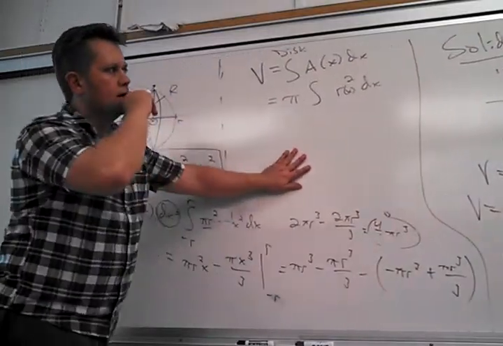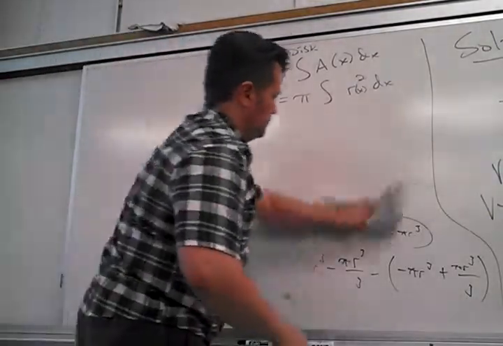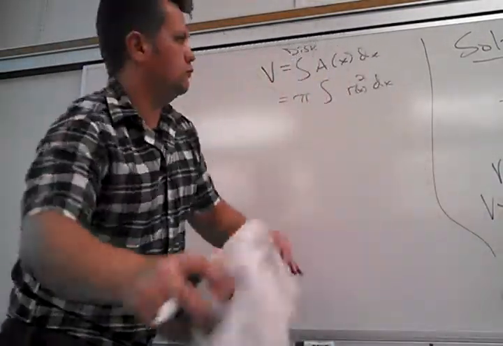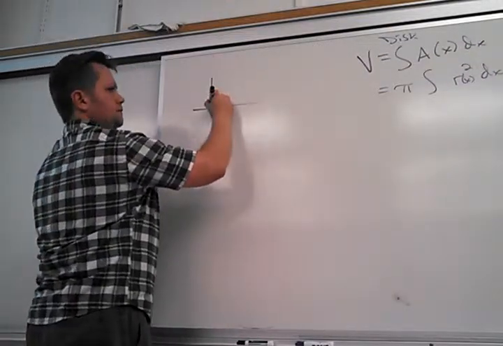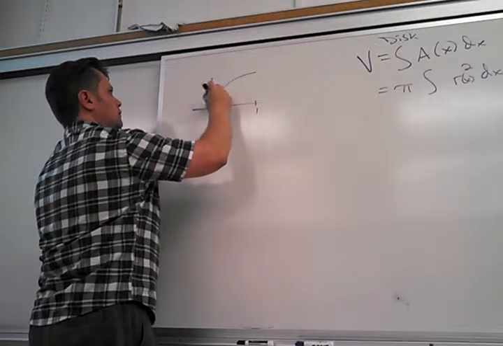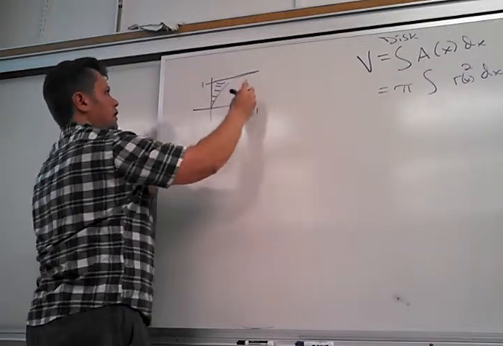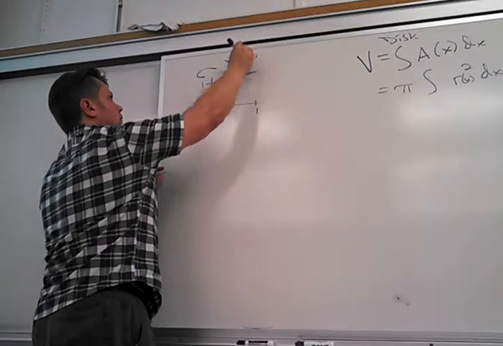Now, let's do the same exact problem, but let's do it rotated around the y-axis. So same problem, but I want to take this area here and rotate it around the y-axis.